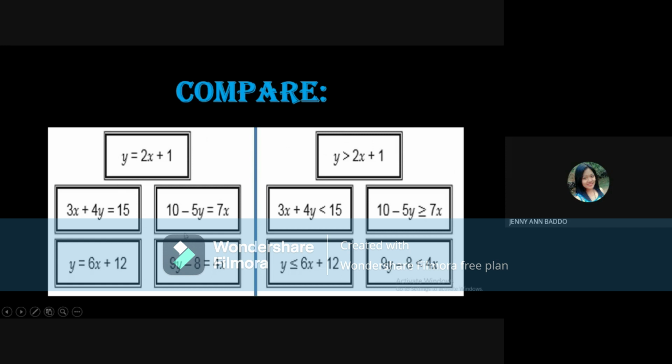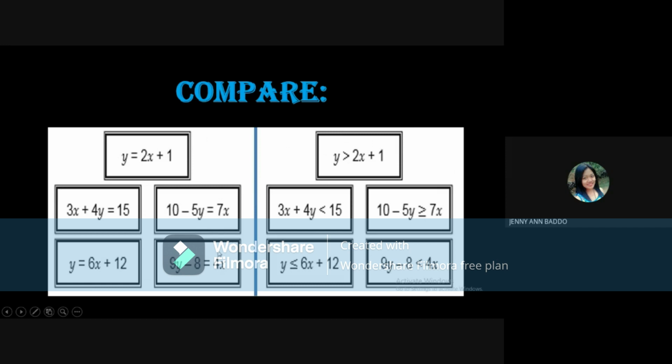All of these expressions have the equal sign. How about for this second set of expressions? That's right. We have here symbols for inequalities.